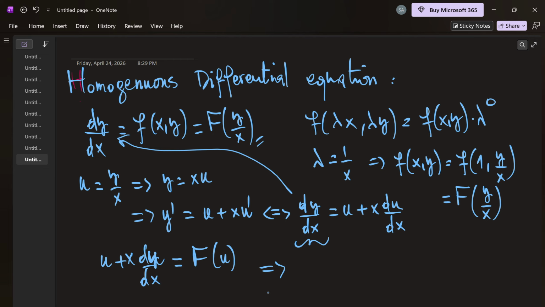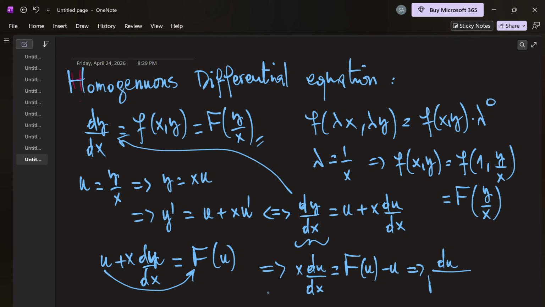And now this becomes a separable, separated differential equation. How to do this? You take this u to the other side, so x du over dx is equal to big F of u minus u. Now you take the x's to the right and the u's to the left.